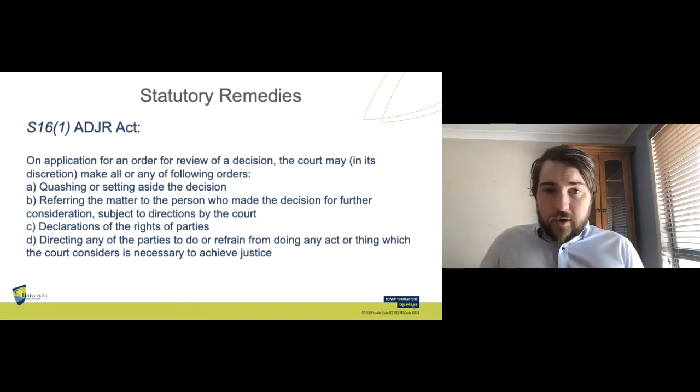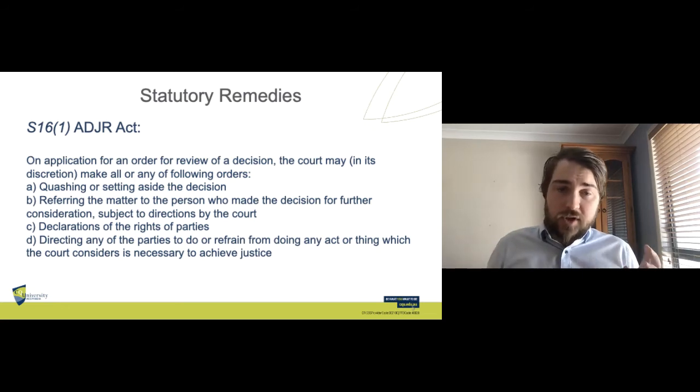What is really notable, and we've sort of talked about this already, is that there's nothing in there about the court being able to make a new decision itself, so substituting its own decision for that of the decision maker. Can't do that. And further than that, they can't tell the decision maker how to make the decision.